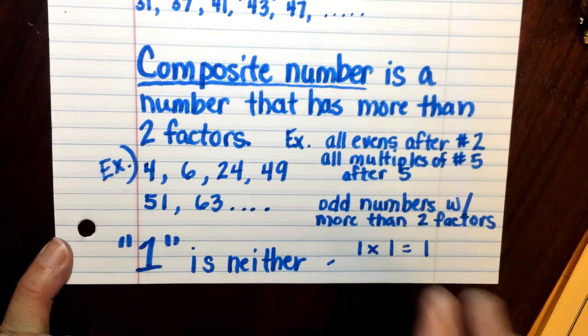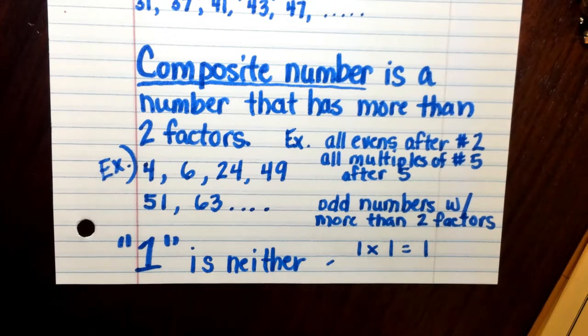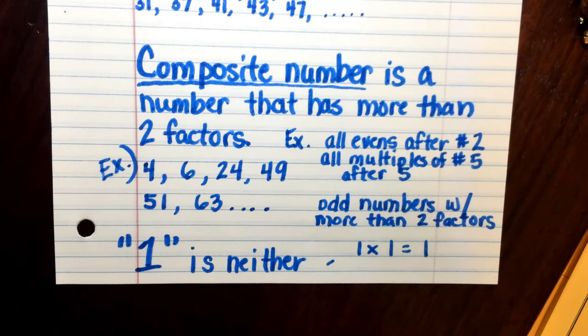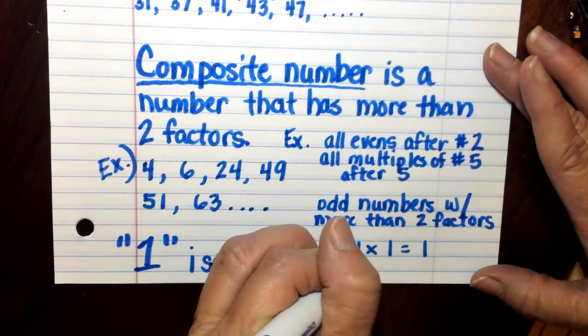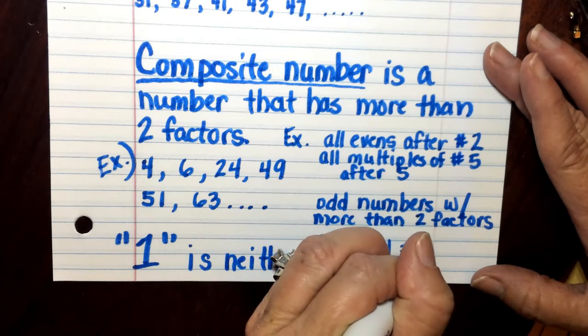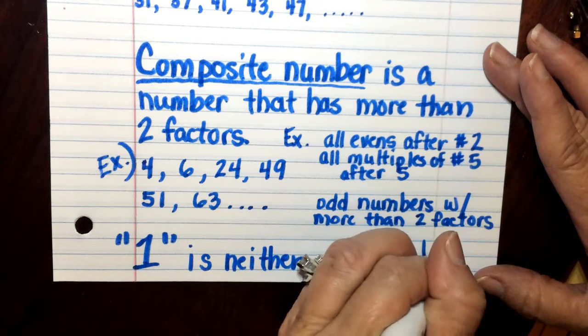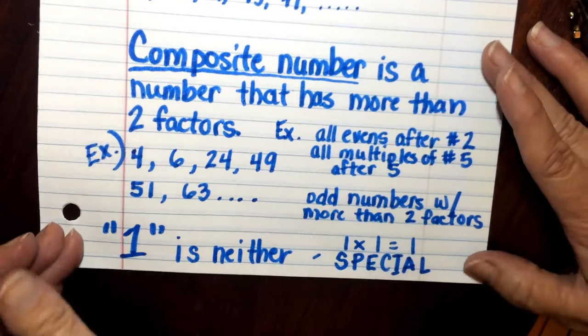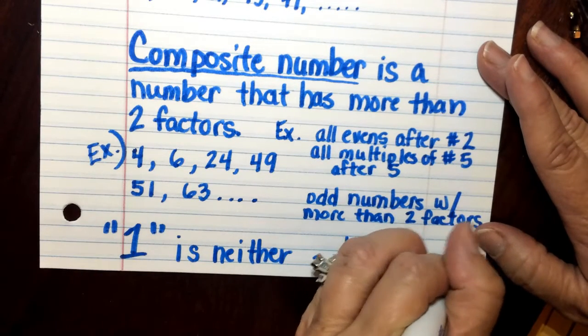Well, 1 times 1 is the same number, so it cannot be a prime number. And if we think about trying to classify the number 1 as a composite number, again, the only way to make the number 1 is 1 times 1. So the number 1 is neither, and we consider it special. But we already know that the number 1 is special because of our wonderful 1. So the number 1 is a special number when it comes to math.